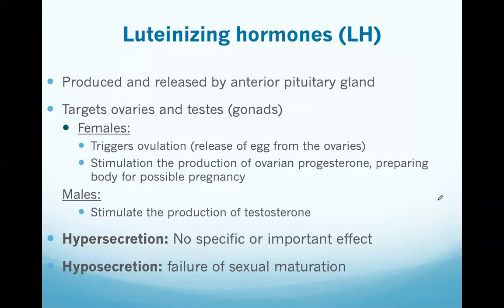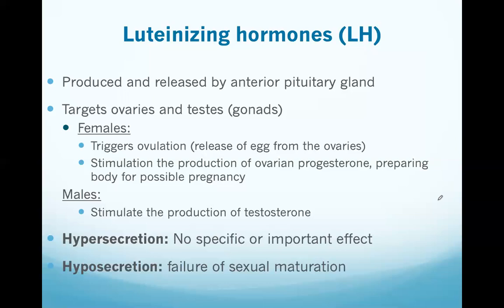Again, hypersecretion of LH is similar to FSH. There is no specific or important impact on the sexual features or characteristics of the individual, male or female. Hyposecretion, however, logically will have a significant effect on sexual maturation of that individual.